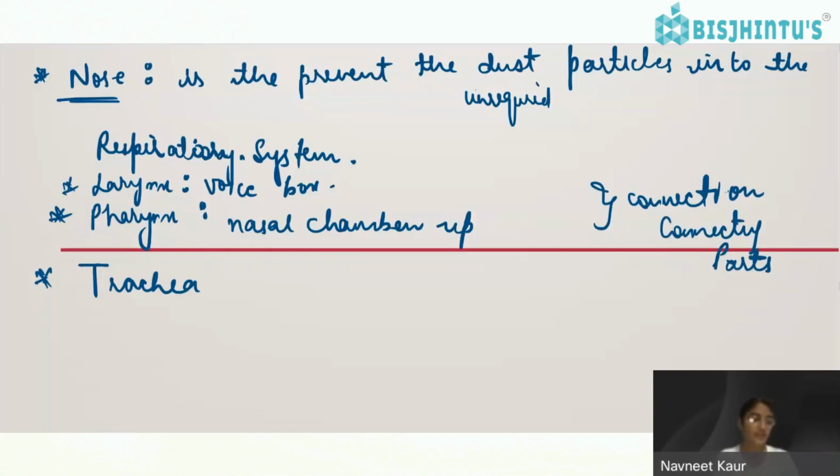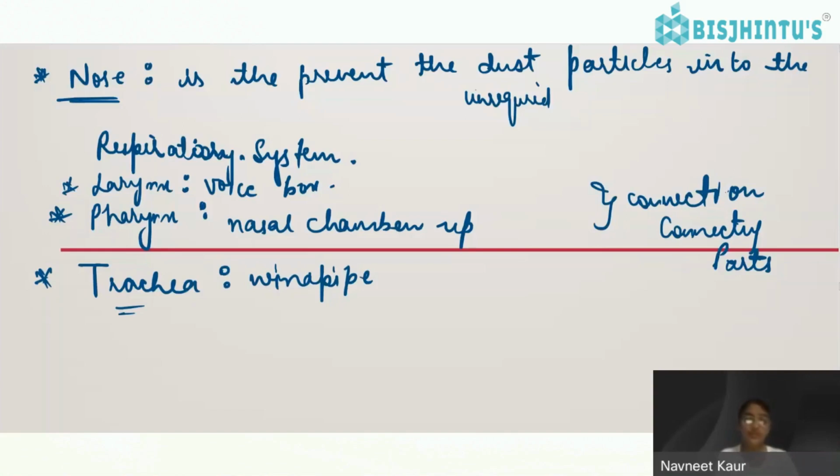Trachea is also called windpipe. Why is it called windpipe? Because the air, the wind, is passing through the trachea, which is present below the larynx and moves down the neck.